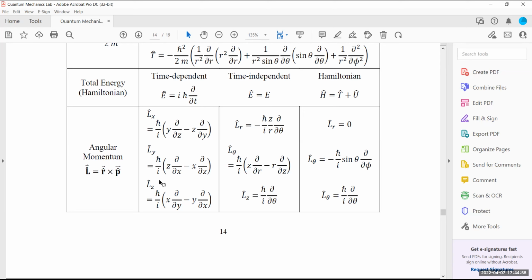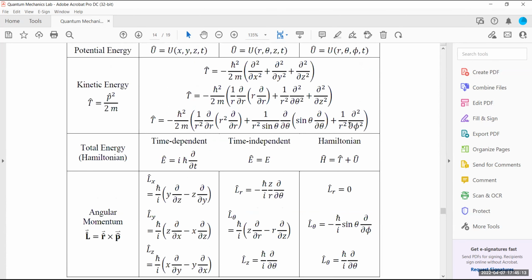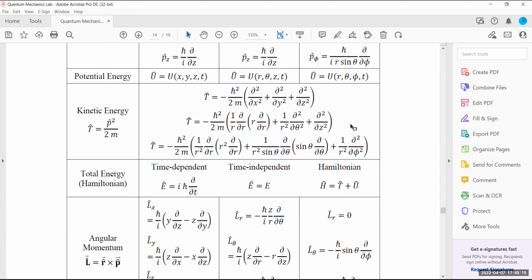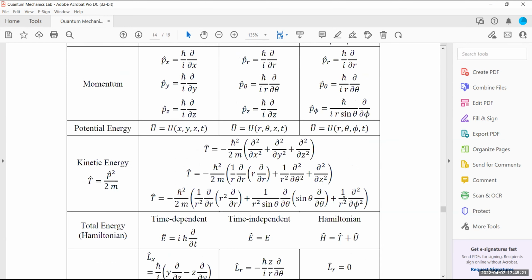If we're focused only on one direction, we typically take that direction to be the z-axis. If you choose to call it the y-axis, so be it, then the other two become irrelevant, okay? But when you do the transformation to the polar coordinates, I mean the spherical coordinates, the z direction actually is a preferred direction also. So then it connects to the z component of the angular momentum.